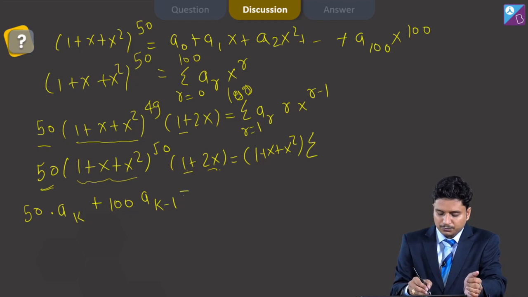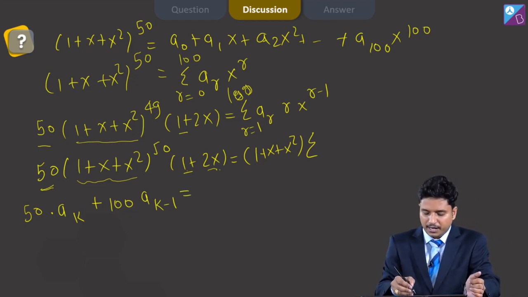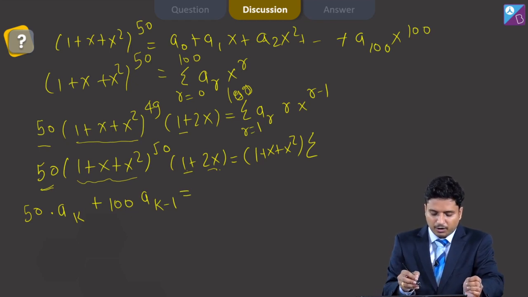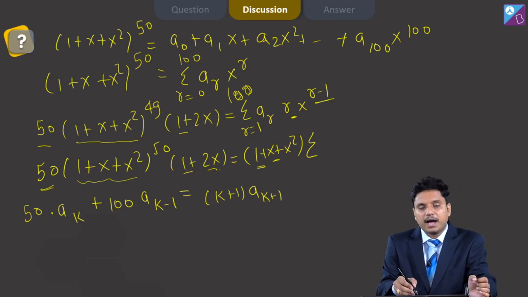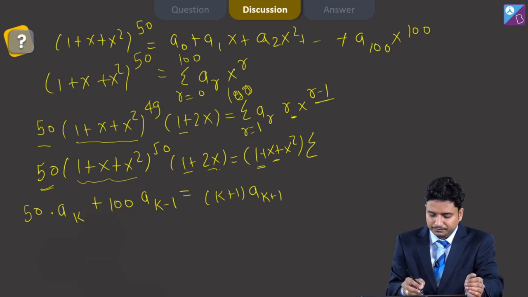This is equal to (1 plus x square), and here we are getting summation over r ar into r x raised to r minus 1. From this side what we will obtain, k plus 1, a(k+1) will be present. Here it is x, so from this term I have to obtain x raised to power k minus 1. For that we have to put r equal to k, then this will be x raised to power k minus 1, and this is again ak.